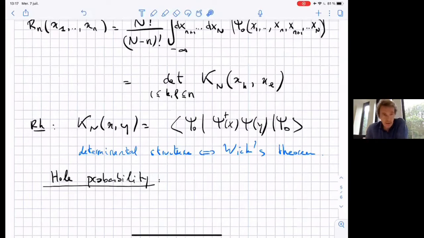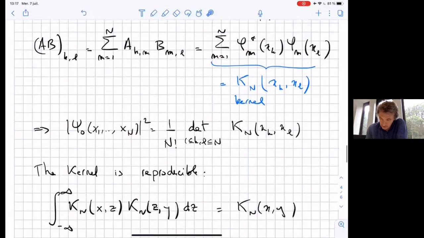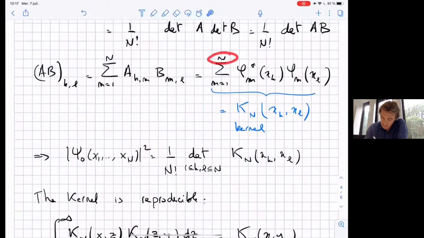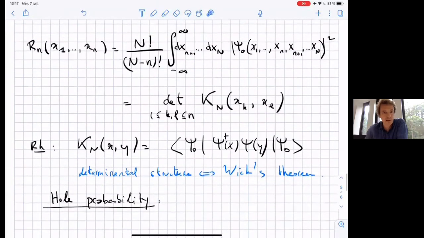It's not completely true because you still have the capital N here. This capital N enters into the kernel, so the sum goes up to N, and small n is the size of your determinant. So it's not exactly a simple size reduction.